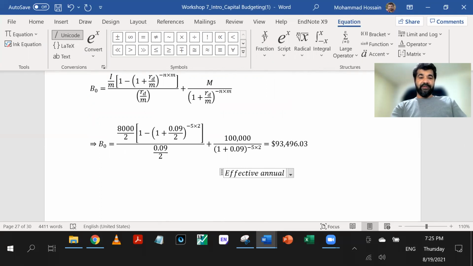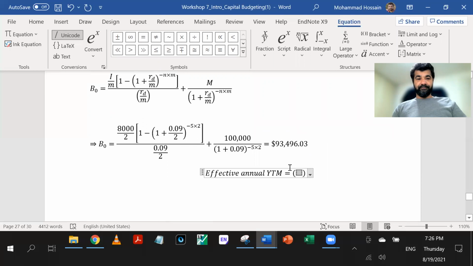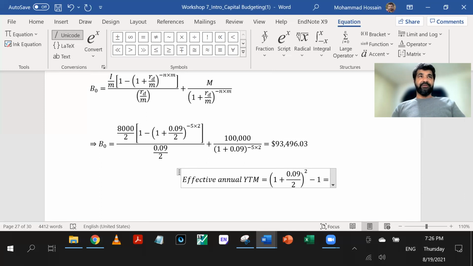Effective annual YTM will be equal to one plus 0.09 divided by 2, to the power 2, minus 1, which will be equal to 0.092025.